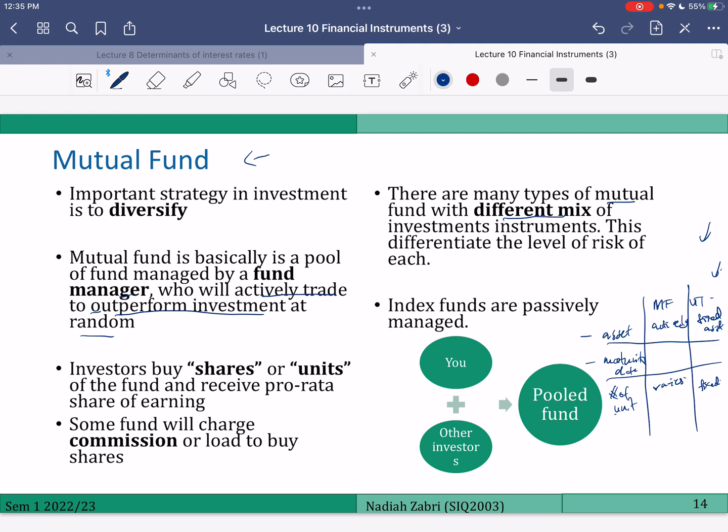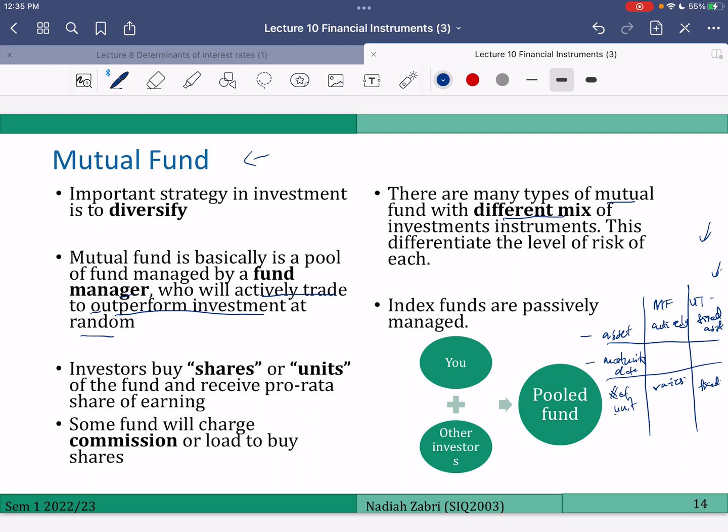And some are in between, a mix of everything. There are also some that have properties and other investment instruments. As an investor, when you choose a mutual fund, you will think about your investment goal and also your risk appetite.